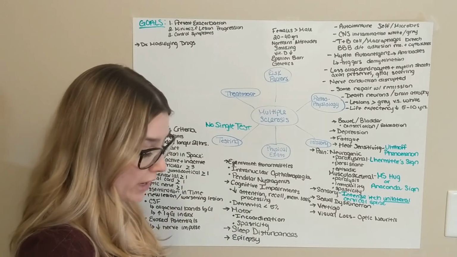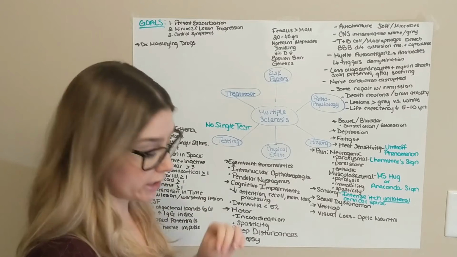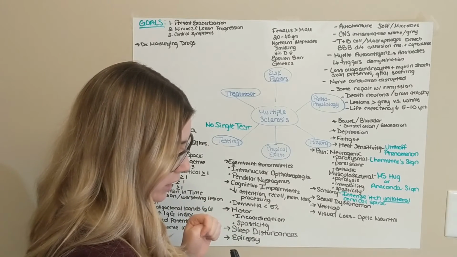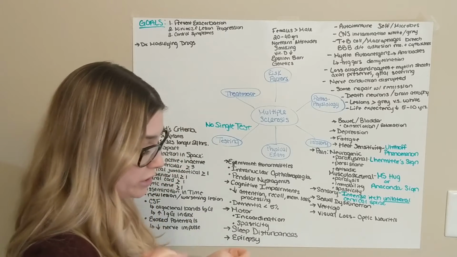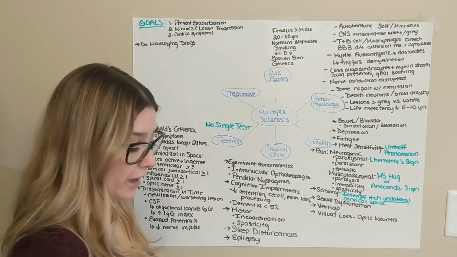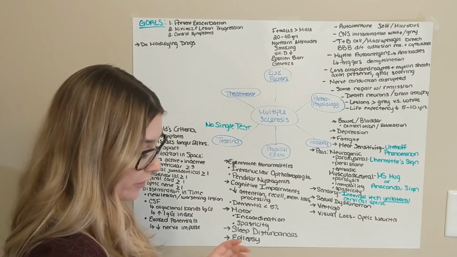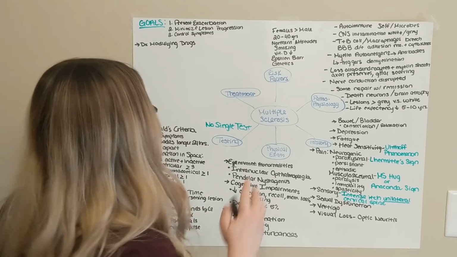We're going to use immunosuppressants and immune system modulators, and we are going to be using those to reduce the number of relapses, promote remyelination, and prevent further demyelination.